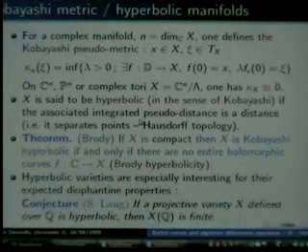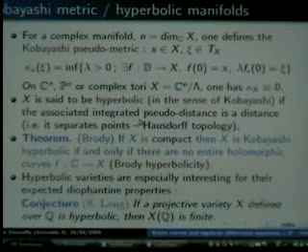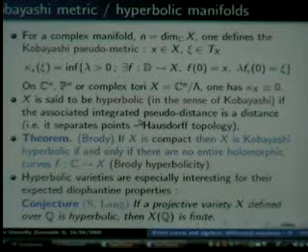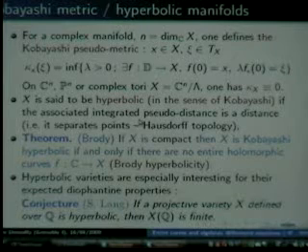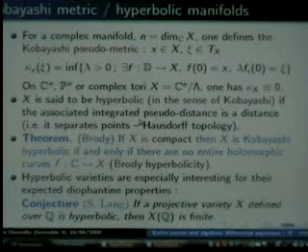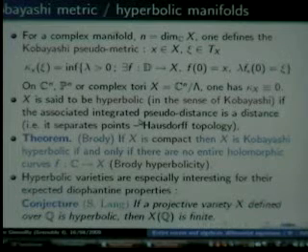Hyperbolic varieties are interesting for many reasons. One of them is potential consequences for number theory. For instance, there is this well-known conjecture by Serge Lang.